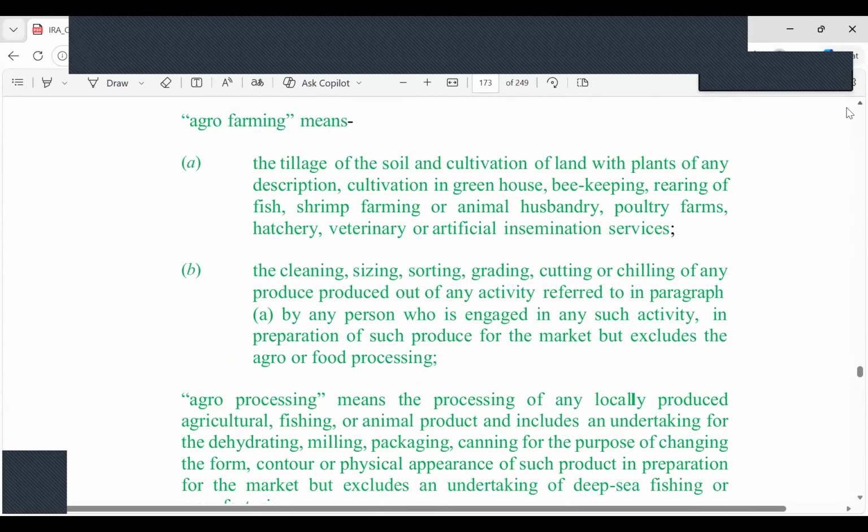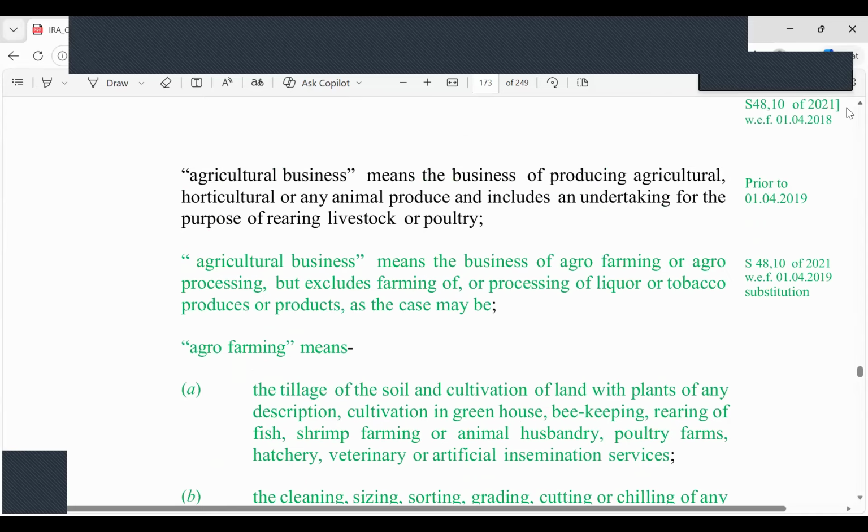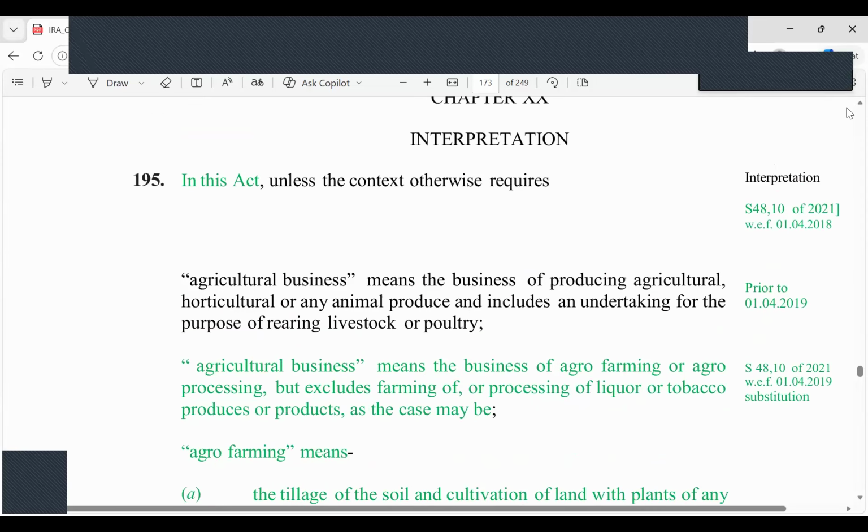Okay, this is section 195. Under this section 195, you can see definitions for dividend, then entertainment.